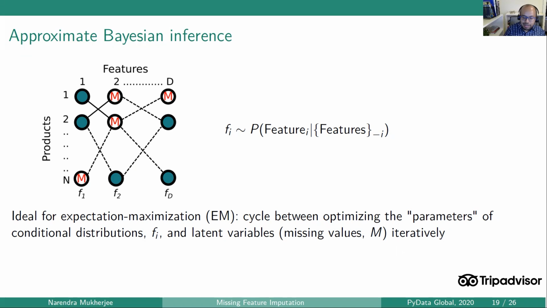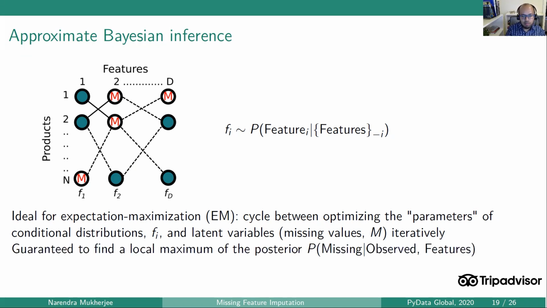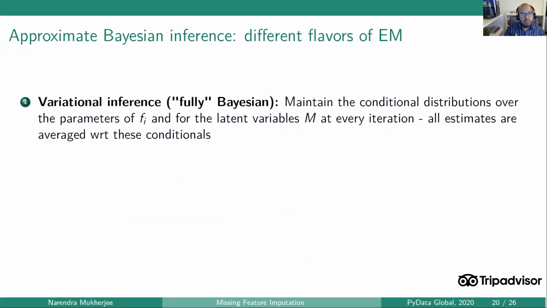And there can be many different flavors of doing EM in such a graph. And as you know, in addition, EM is guaranteed to find a local maximum of the posterior if it's done iteratively in this fashion. So there could be many different flavors of EM in this sort of a graphical model.